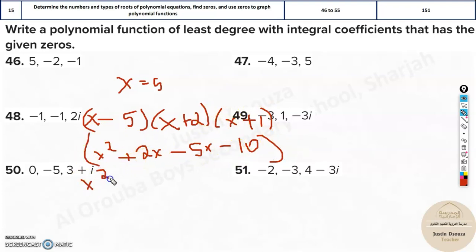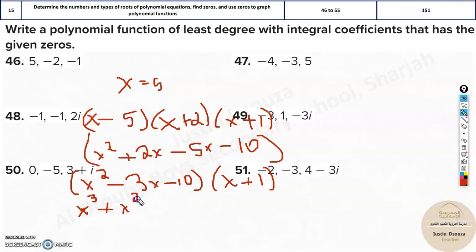It'll be x squared minus 3x minus 10, and I will multiply the other term over here, x plus 1. So again it'll be x cubed this time, because you add the powers 2 plus 1, it'll be x cubed plus x squared minus 3x squared minus 3x minus 10x minus 10.